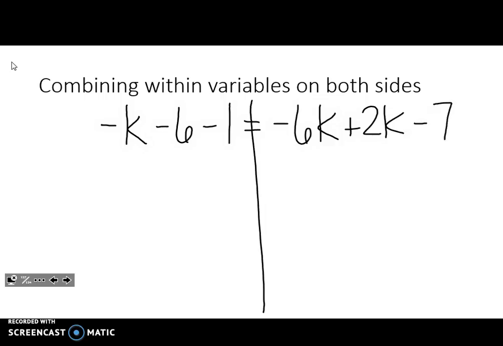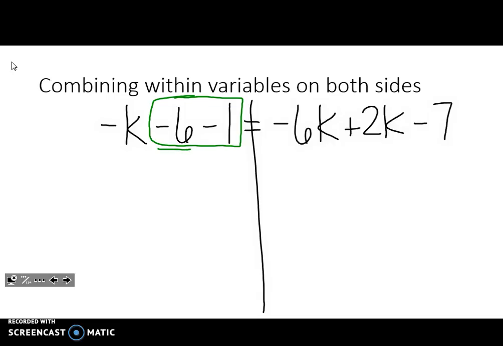So write down this problem. All right, over here on the left-hand side, I have negative k minus 6 minus 1. Remember, we can put together any integers that are on the same side. Make sure you type in exactly what you see.